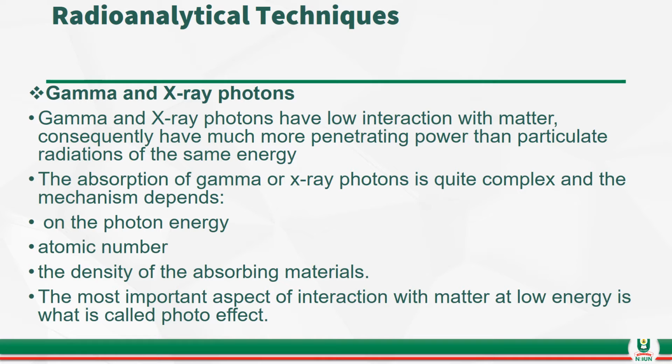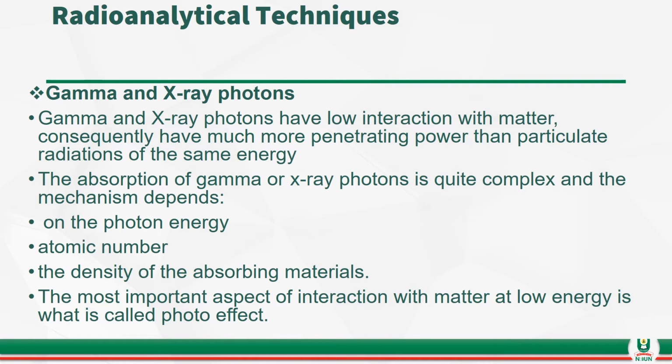The absorption of gamma or X-ray photons is quite complex, and the mechanism depends on, one, the photon energy, two, the atomic number of the element or matter involved, and the density of the absorbing materials.